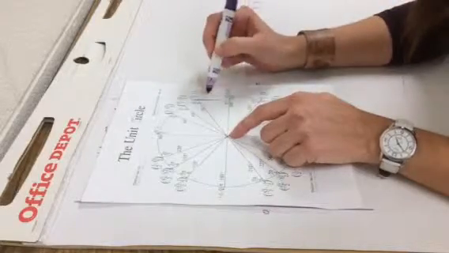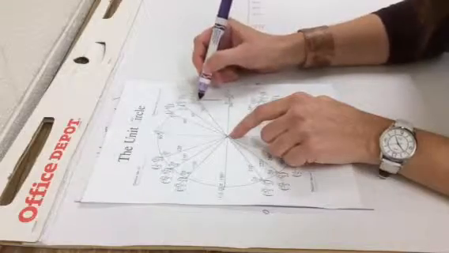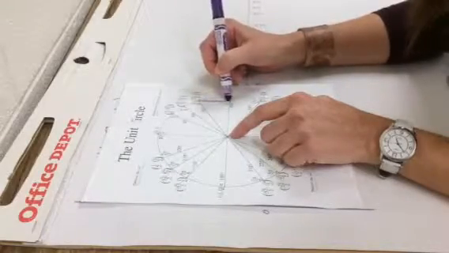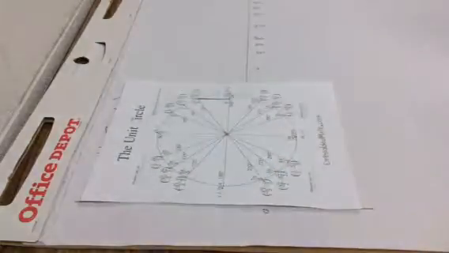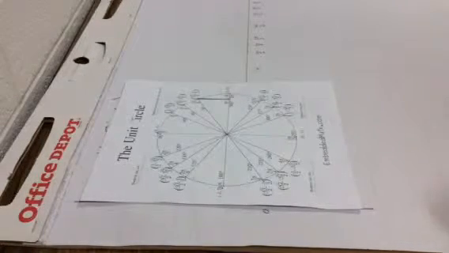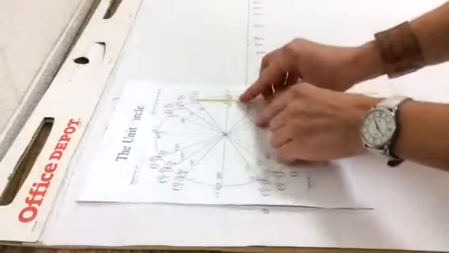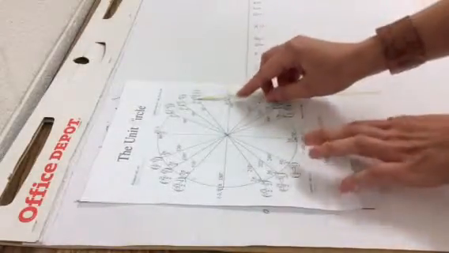So I'm going to move on to my second angle, which is pi over 6. And think about drawing a vertical line down to the x-axis. That's going to make a right triangle, and sine of that angle is going to be represented by the vertical height or the y-axis.